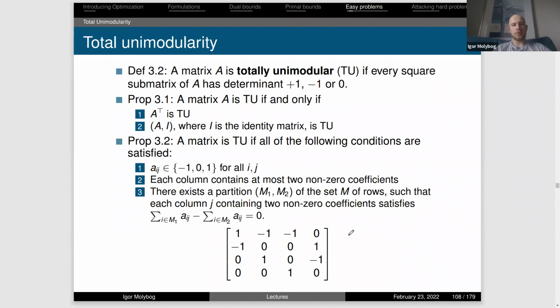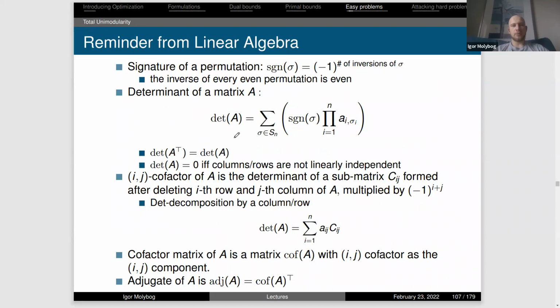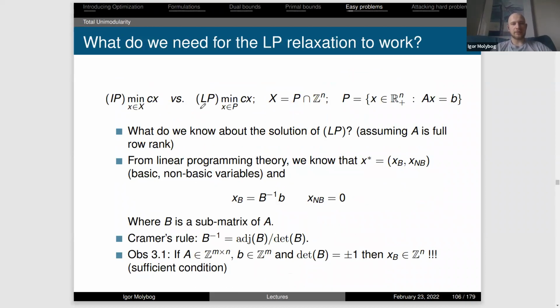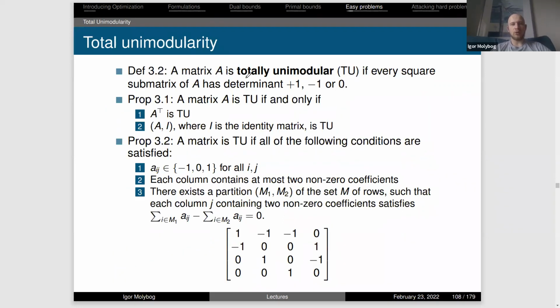So we were talking about an example where we have this matrix A, right here in the formulation P, that defines the formulation P. If this matrix is totally unimodular, then the resulting integer programming problem is simple, and you can just solve it by applying linear programming relaxation.